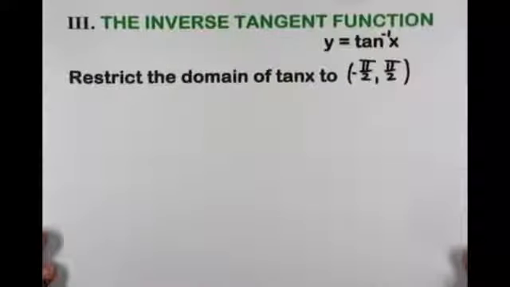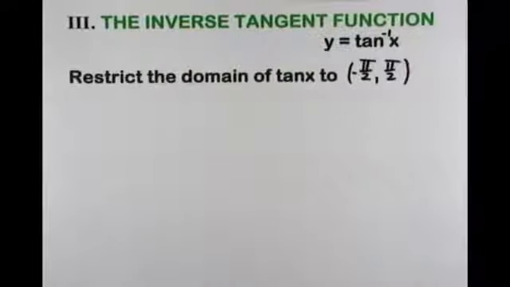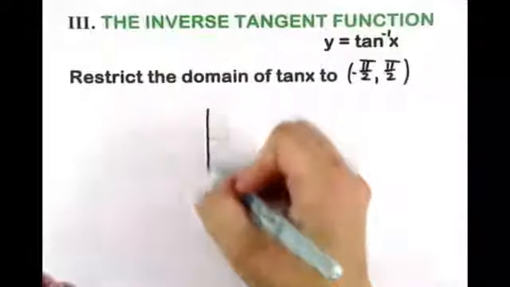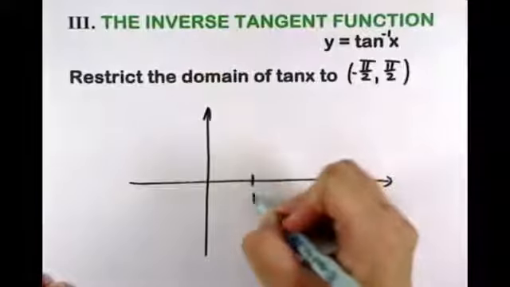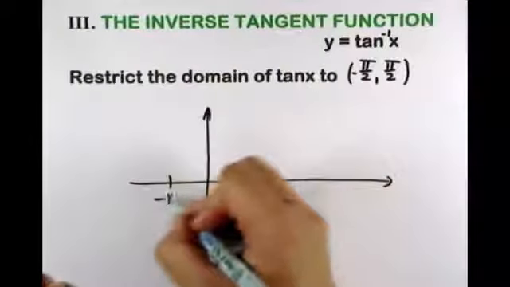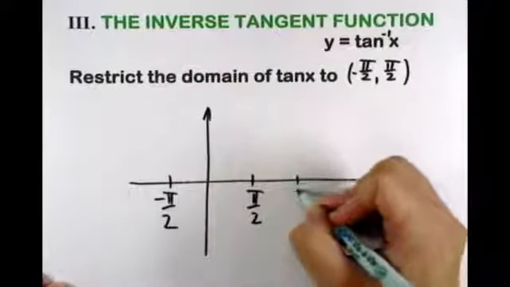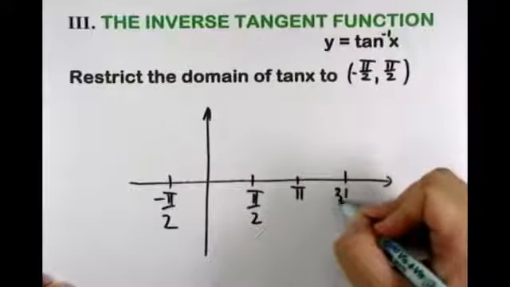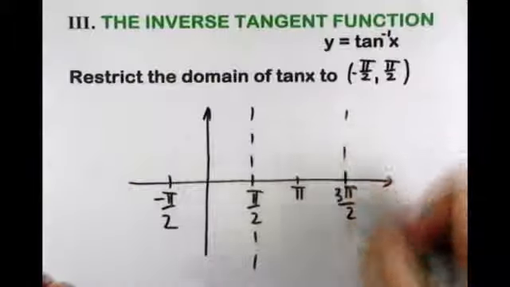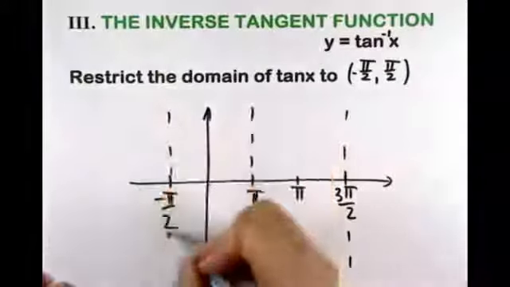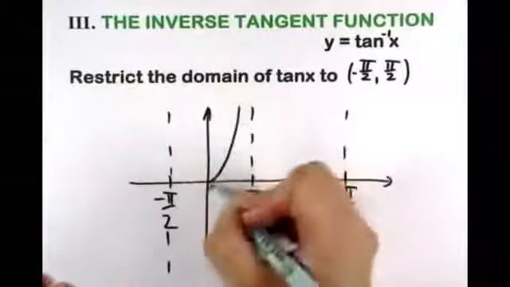And then we have the inverse tangent function. We have a similar situation for the tangent function. If we recall the tangent graph, tangent has asymptotes at odd multiples of pi over 2, and tangent is an increasing graph.